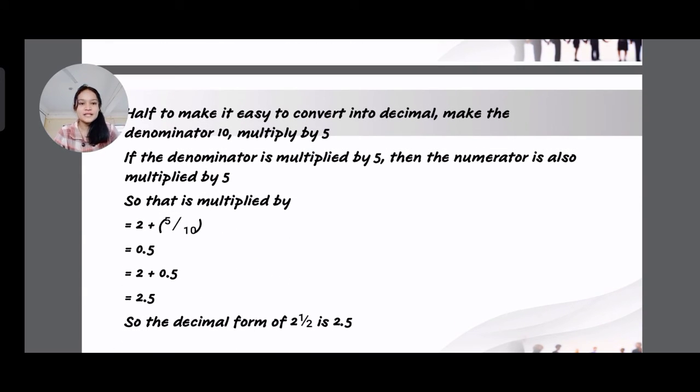How to make it easy to convert into decimal? Make the denominator 10, multiplied by 5. If the denominator is multiplied by 5, then the numerator is also multiplied by 5.